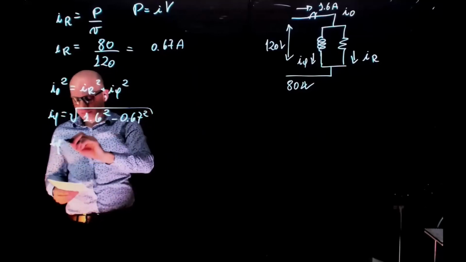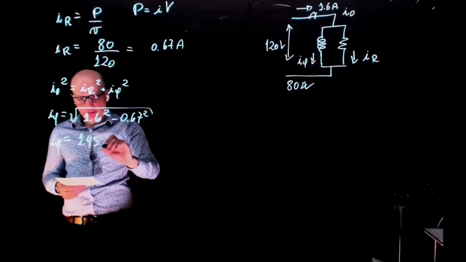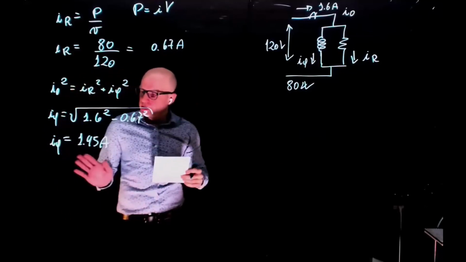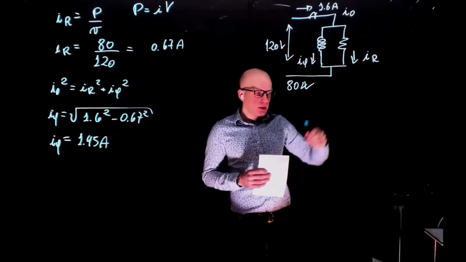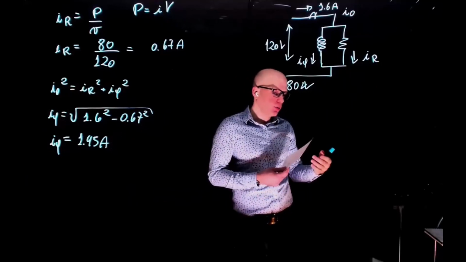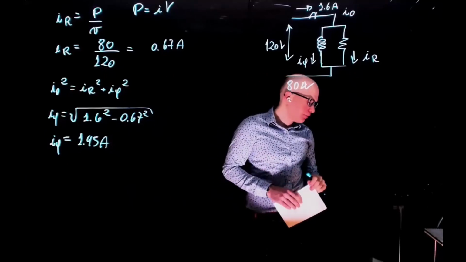And this is 1.45 amps. That's the magnetizing current, and this is the current whose power is dissipated in the form of Joule losses.